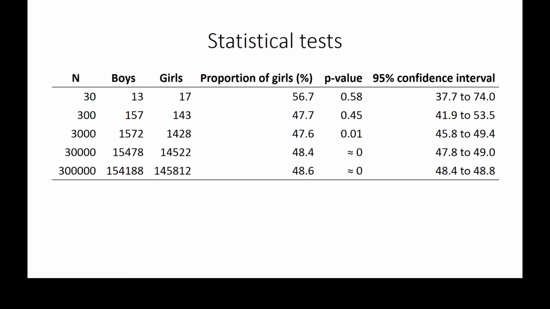In the bottom row, this would mean that the true probability of having a girl is probably not far away from 48.6 because the confidence interval is quite narrow, right? 48.4 to 48.8. Note that the confidence intervals in the two top rows contain 50%, and these were the two rows where we could not reject H0.